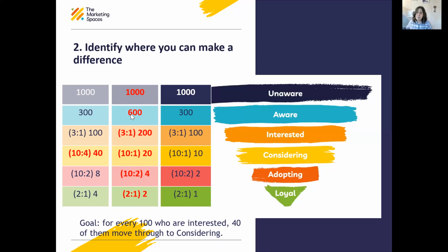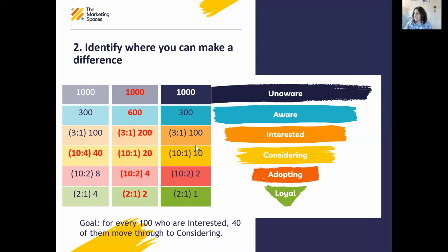And then what people do is they pour their money into awareness marketing, going, right, we'll do more social media, more networking, more PR. But actually, what's happening is you're just losing people down here. So instead of losing 200 people, you're going to lose 400 people.